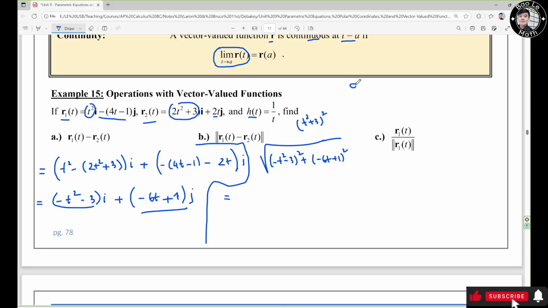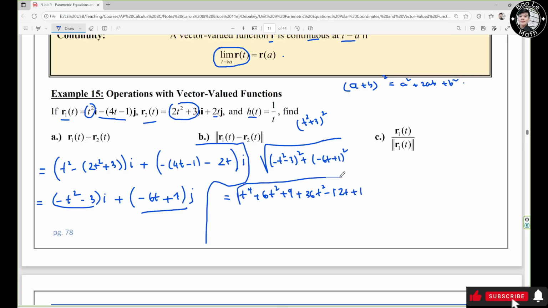And then I need to use the complete square formula, a plus b squared equals a squared plus 2ab plus b squared, right? So this turns out to be t power 4 plus 6t squared plus 9, right? Now similarly, I'm going to use the complete square formula for this one, so it turns out to be plus 36t squared minus 12t plus 1, right?